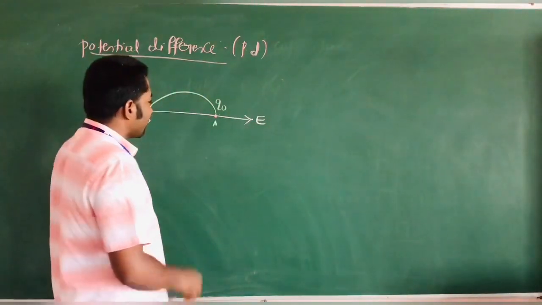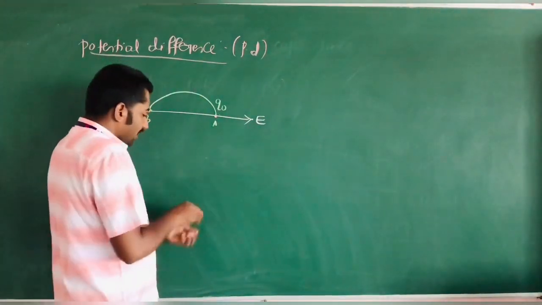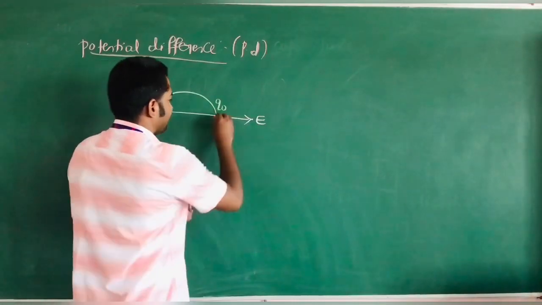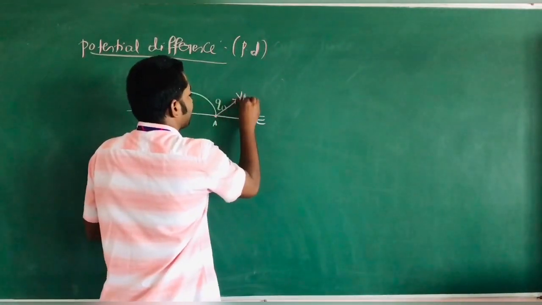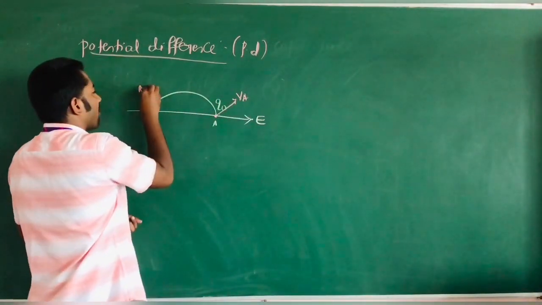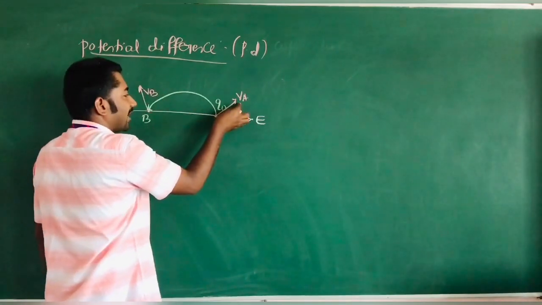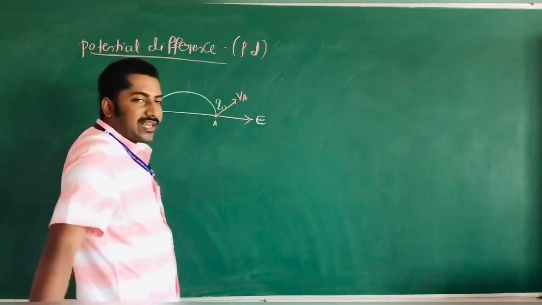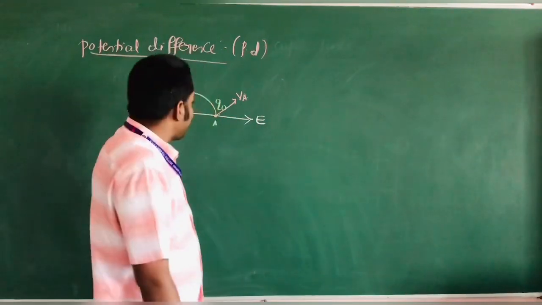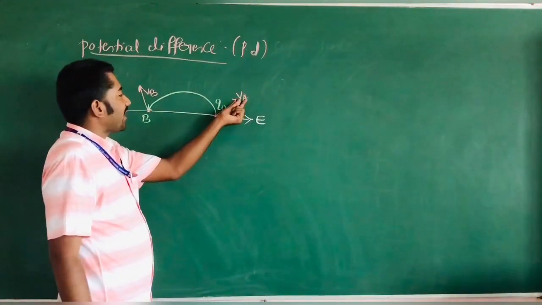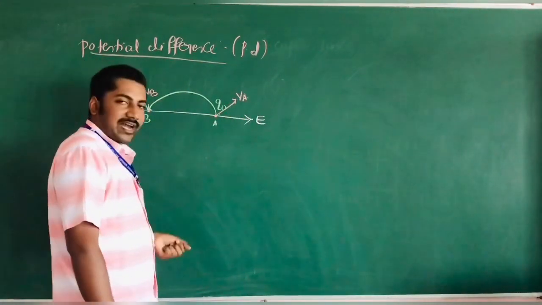Here I consider Q is the charge. VA and VB are the electric potential at point A and electric potential at point B.